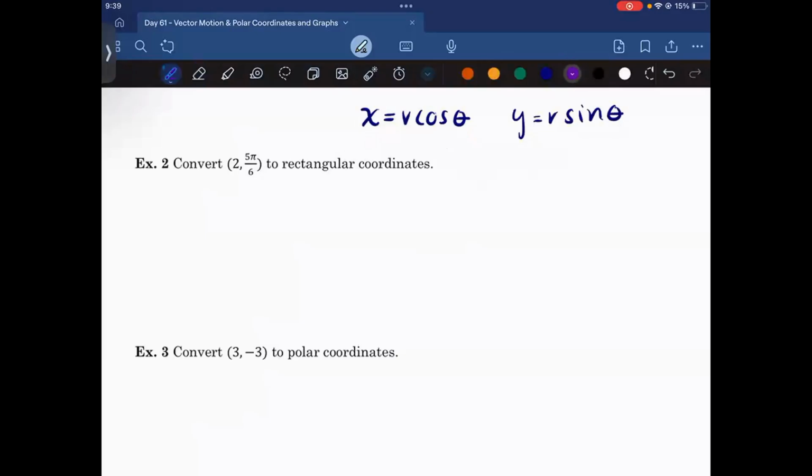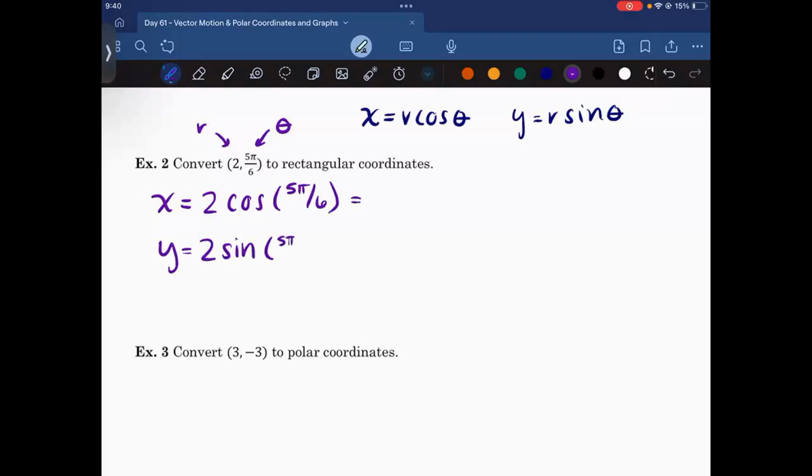And now we're going to convert 2, 5 pi over 6 to rectangular coordinates. So x equals 2. So remember, this is my r value, and this is my theta. Cosine of 5 pi over 6. And you should not be using a calculator for these. You have to know what 5 pi over 6 is for sine and cosine.